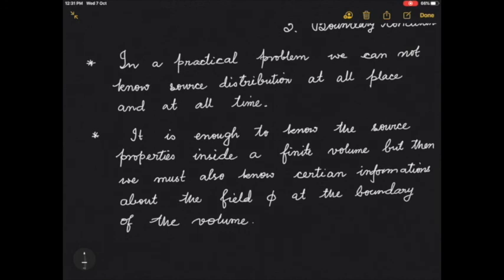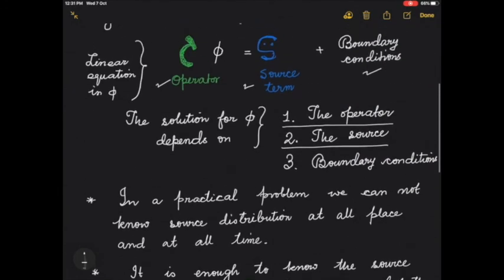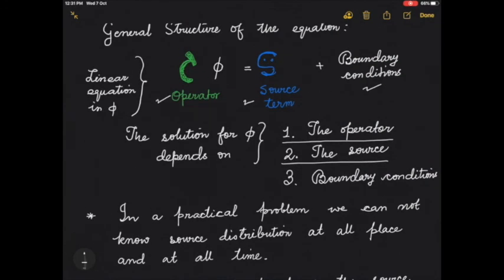Okay, so it turns out that if I know these two things, that is, the source distribution inside my volume, and certain properties of the field at the boundary of the volume, those will be called the boundary conditions.